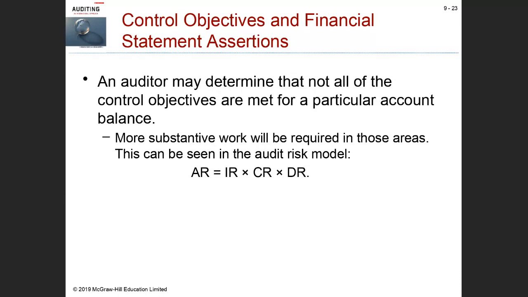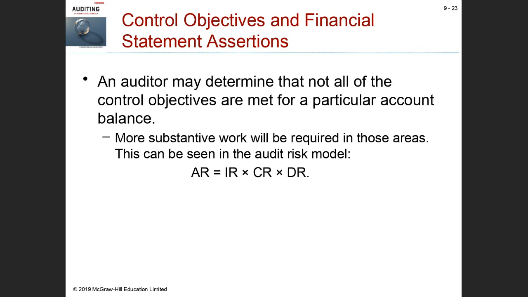So if the risk of material misstatement increases, if IR times CR increases, and you want to keep AR constant, for example at 5%, we have to decrease detection risk. So as the chance of material misstatement increases, we have to decrease detection risk as the auditor.